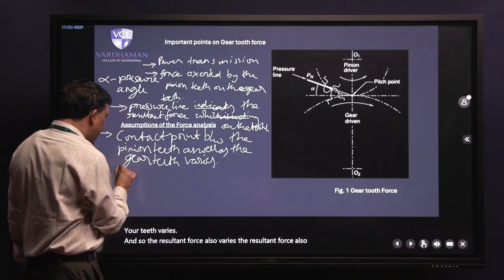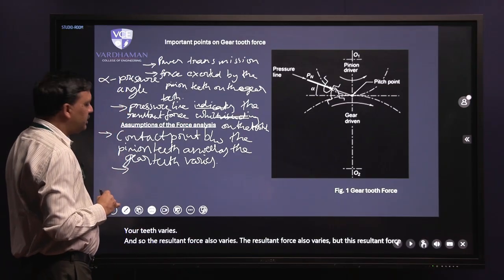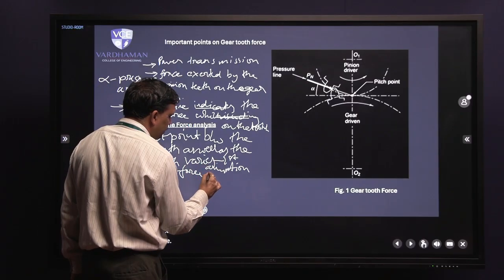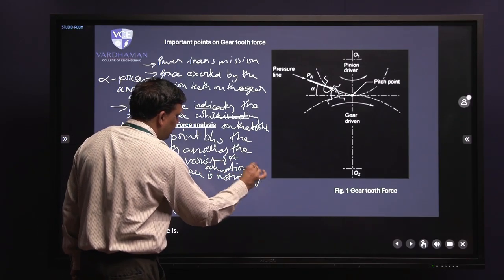But this resultant force variation is neglected in the analysis. So the first assumption is that the resultant force is not varying.